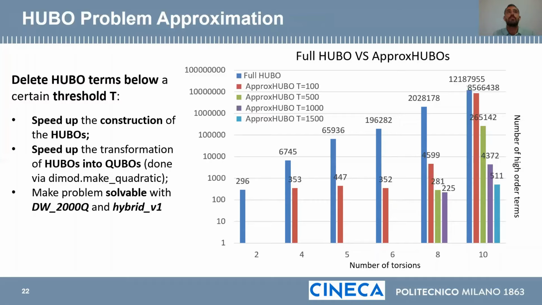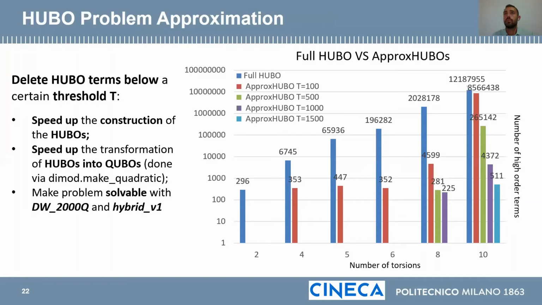So what we decided to do is to delete the Hugo terms that were below some certain threshold t, and this allows us to speed up the construction of the Hugos, but also to speed up the transformation from Hugos to cubos that was done using the make quadratic function available in the D-Wave libraries, and this made the problem solvable with both the D-Wave and the hybrid solver.